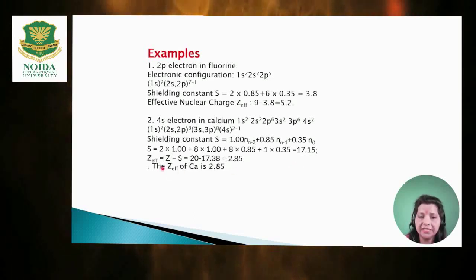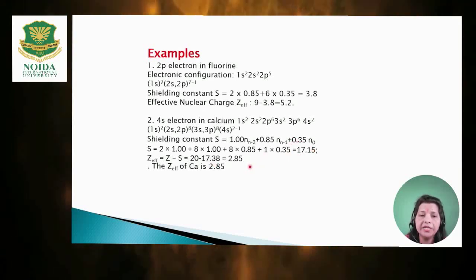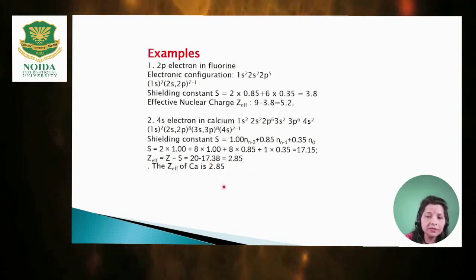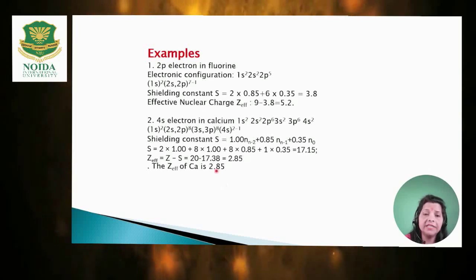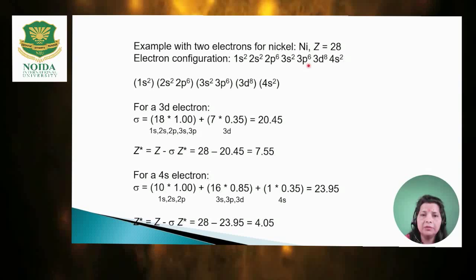So Z effective will be atomic number 20 minus 17.15, right? So 2.85 is the effective nuclear charge for the 4s electron in calcium, right? So in these two examples you can easily understand that as we go farther from the nucleus, the effective nuclear charge decreases, right?